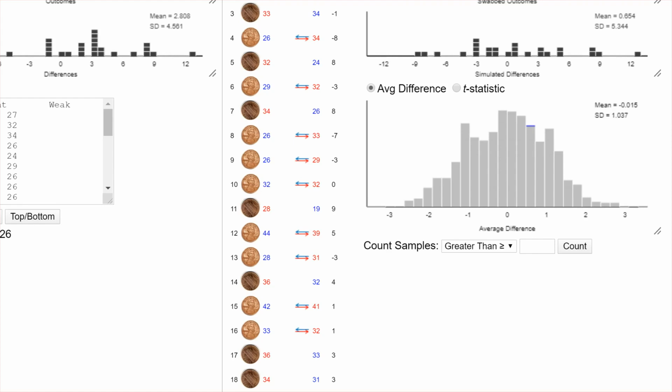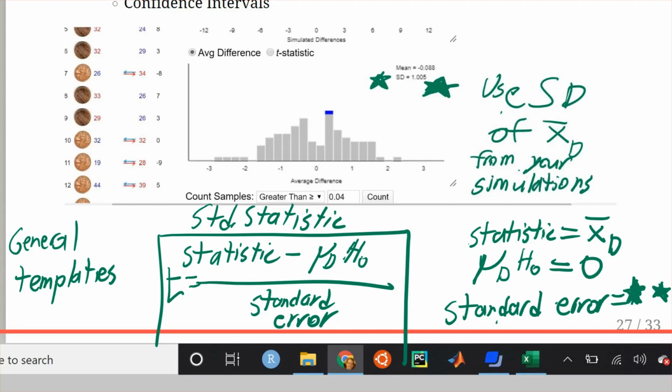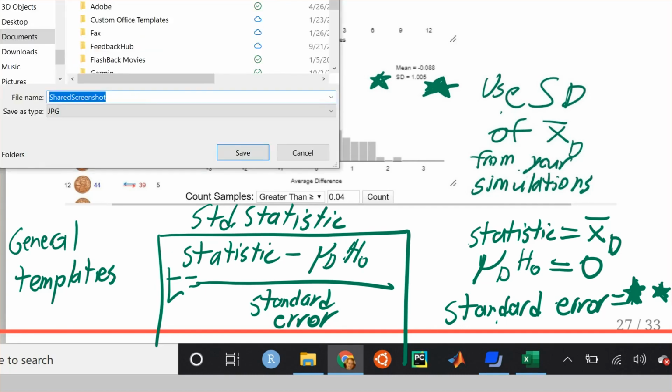You see my mouse hovering right here? That is our standard error. So we have the 3 pieces of information we need to find our standardized statistic. Yay! I'll save this for you.